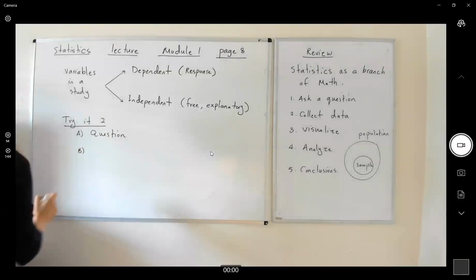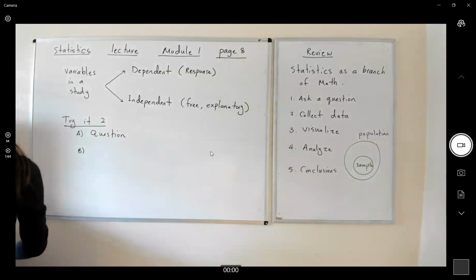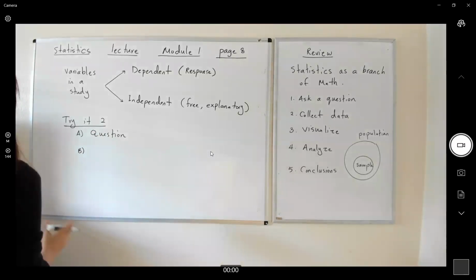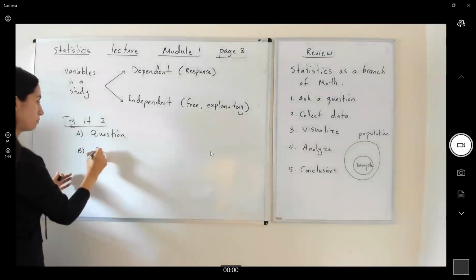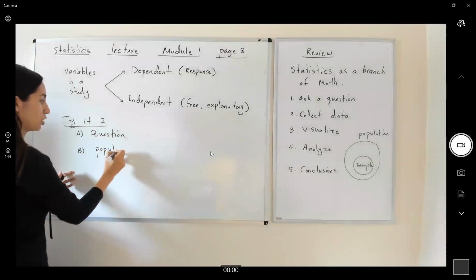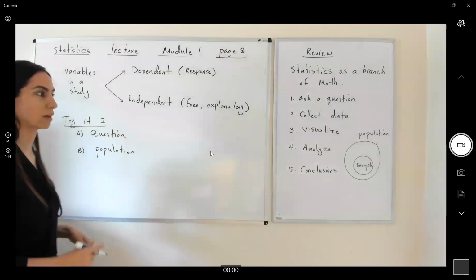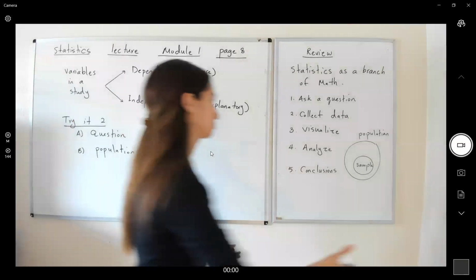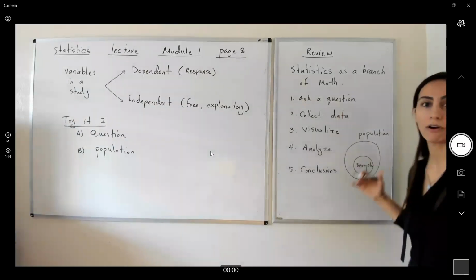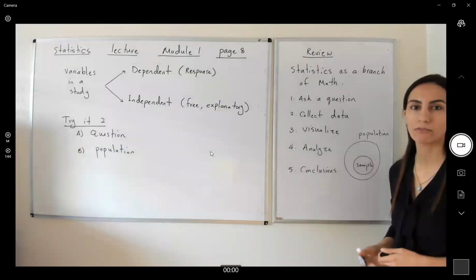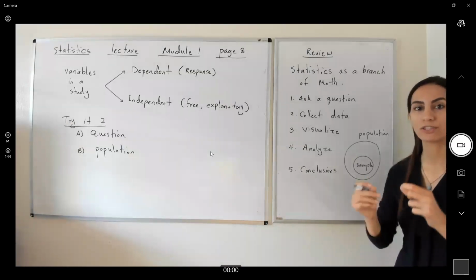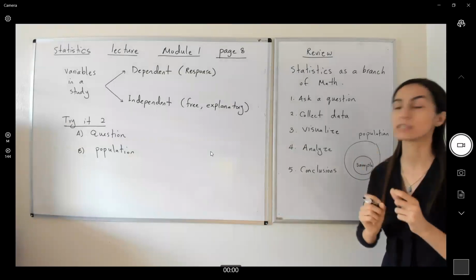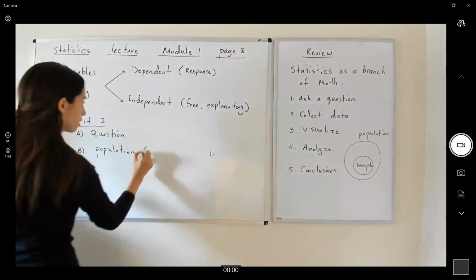B, the question says, does the study ask a question about population? Is this about population? Is this asking about in general, it's hard for everyone, or it's easy for everyone, or is it asking about the question between two variables, or cause and effect?